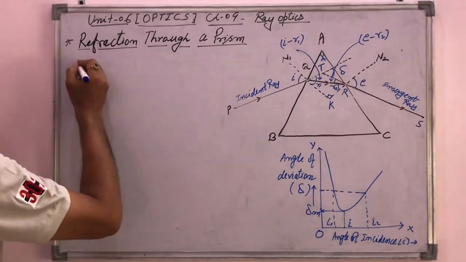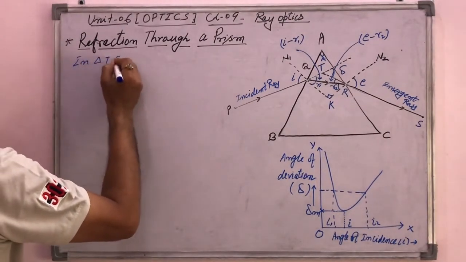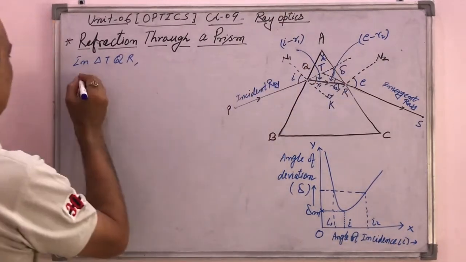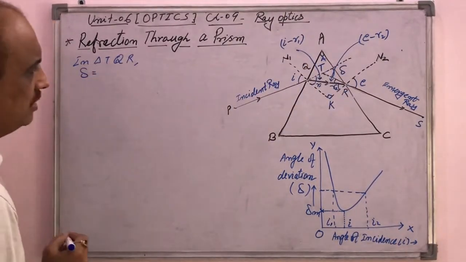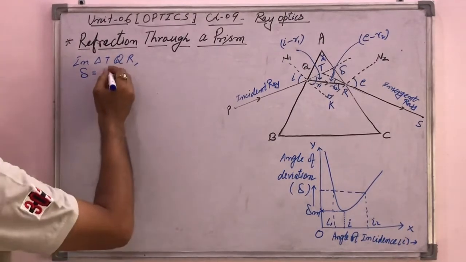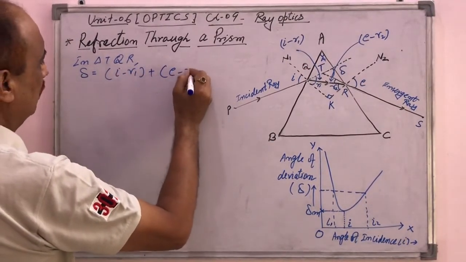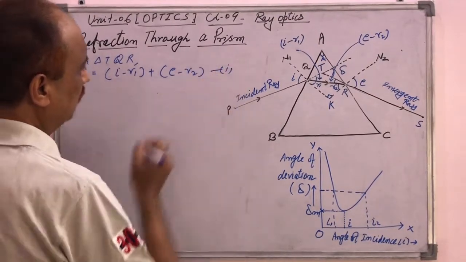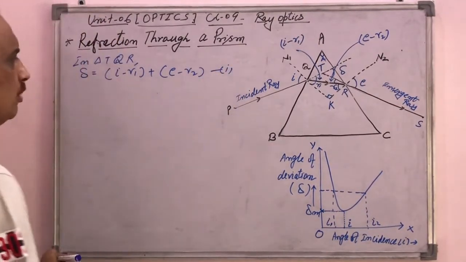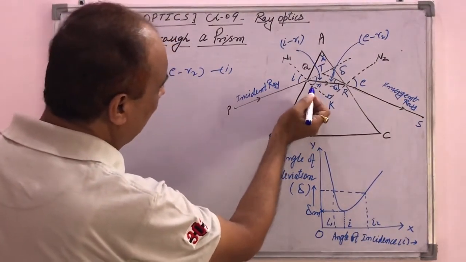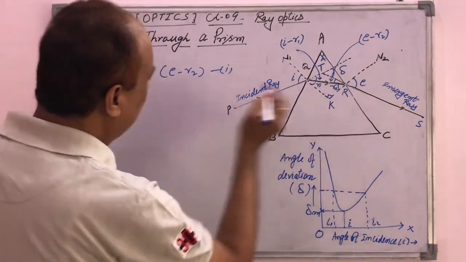Now in triangle TQR, the exterior angle delta is equal to the sum of the interior angles, that is I minus R1 plus E minus R2. It's equation number 1. Now some more equations are also required to solve this. Again we have to take the next triangle QRK.